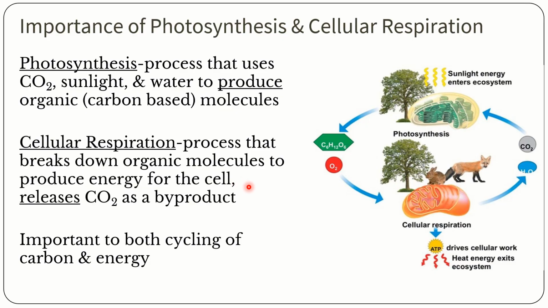It gets the energy out, and the CO2 is just released. So that energy is called ATP, and that's what's directly used by the cell to drive all the processes. It also releases some heat. So that cellular respiration is carried out by all living organisms to break down the sugars to directly produce the energy needed for the cell. And there's the CO2 that's being released back to the atmosphere.